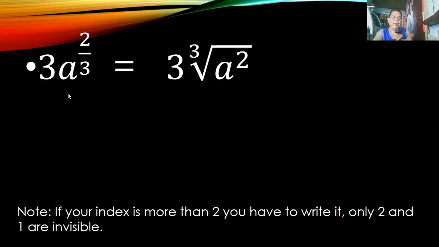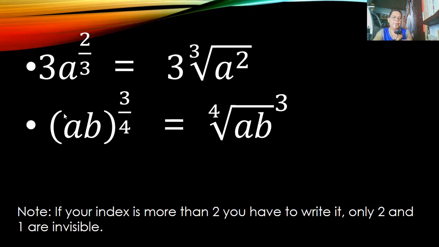Okay. Another example, we have open and close parenthesis ab raised to 3/4 equals, so the whole of this ab, because of this open and close parenthesis being raised to 3/4, becomes your radicand. And then the 4 becomes the index, and 3 is the exponent of ab.